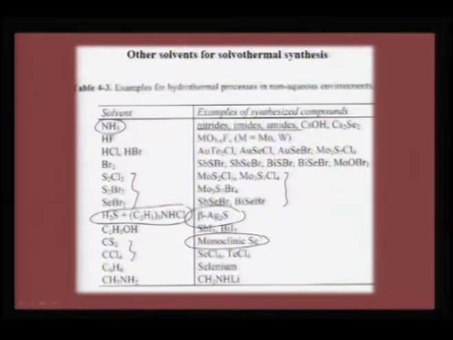So, apart from water and organic solvents, we can also have flexibility with other solvents such as this.